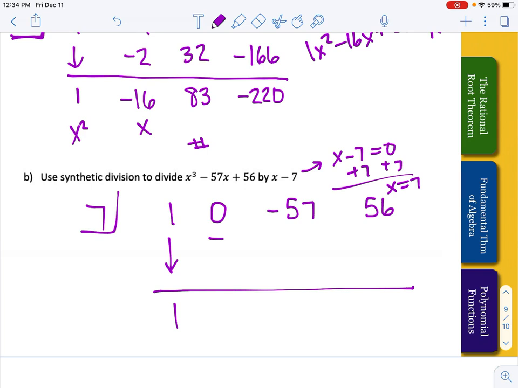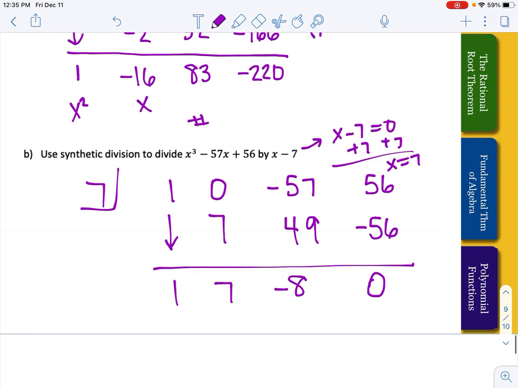Then I take 7 times 1 and get 7. I add 0 plus 7 and bring that down. Then I take 7 times 7 and get 49. I can now add those down and get negative 8. 7 times negative 8 is negative 56.